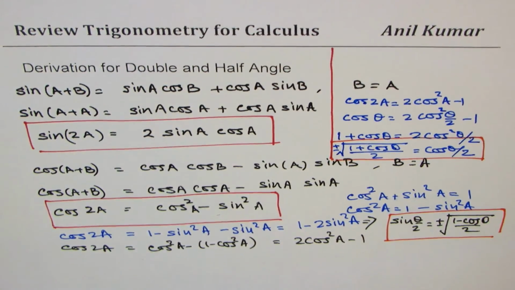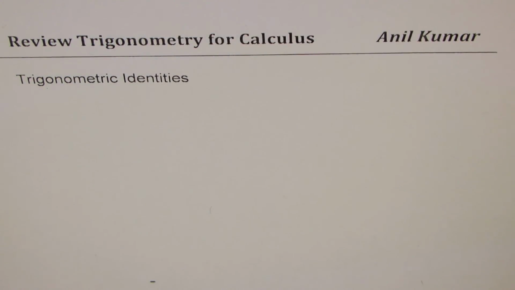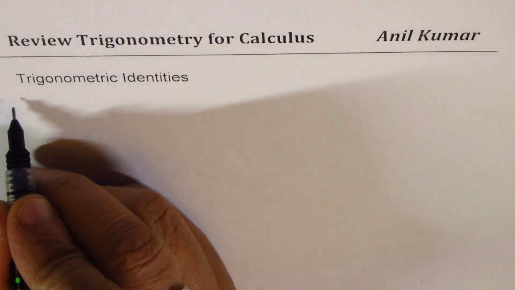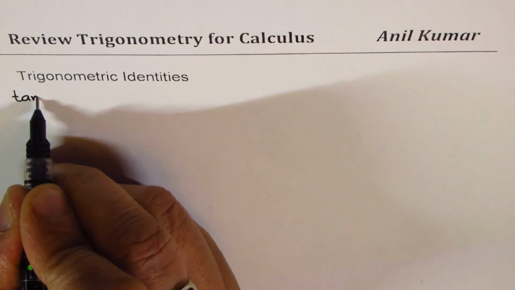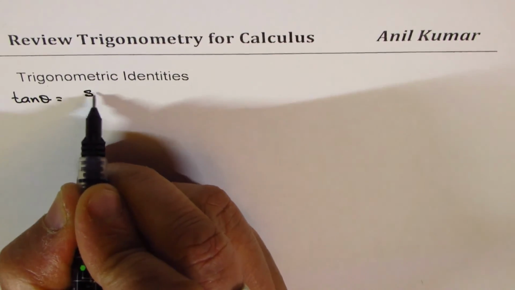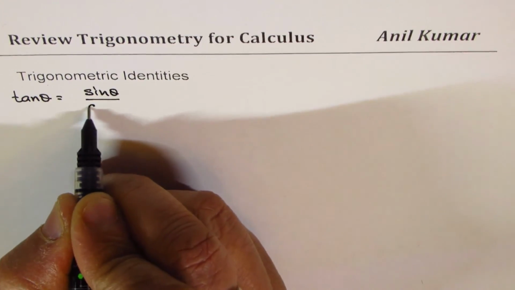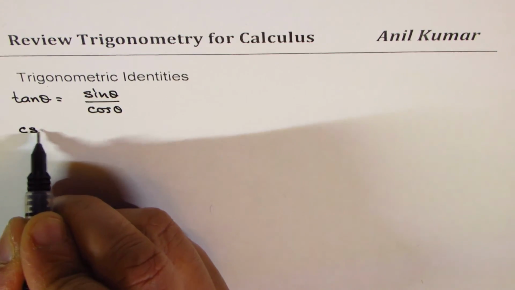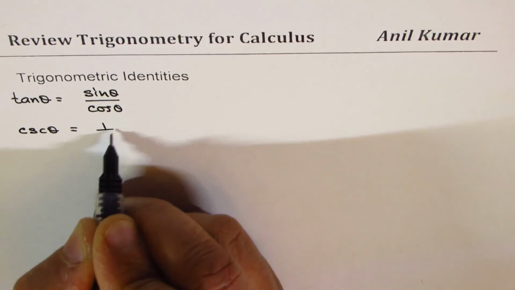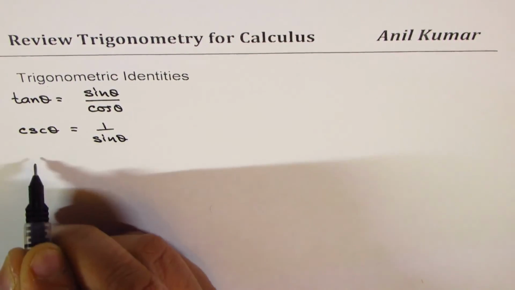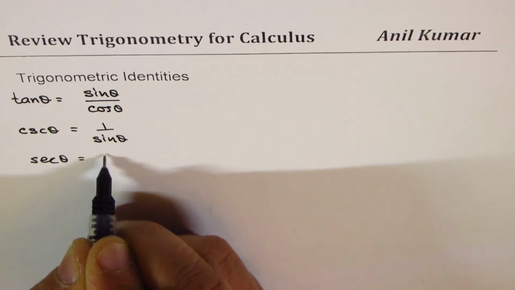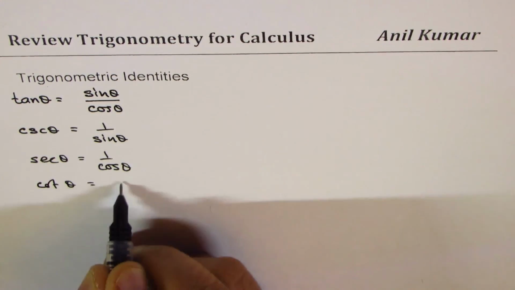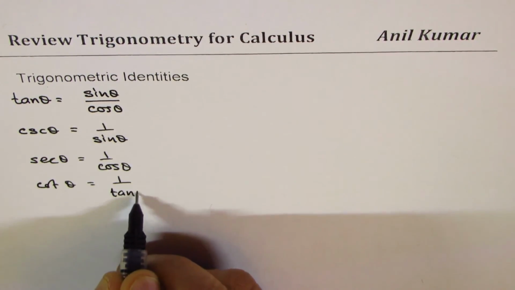Okay, let's move. Now let me summarize most of the trigonometric identities which we have learned so far. Beginning with tan theta, which could be written as sine theta over cos theta, right? And we know the reciprocal ratios: cosecant theta can be written as 1 over sine theta. Secant theta can be written as 1 over cos theta. Cotangent theta is 1 over tan theta, correct?